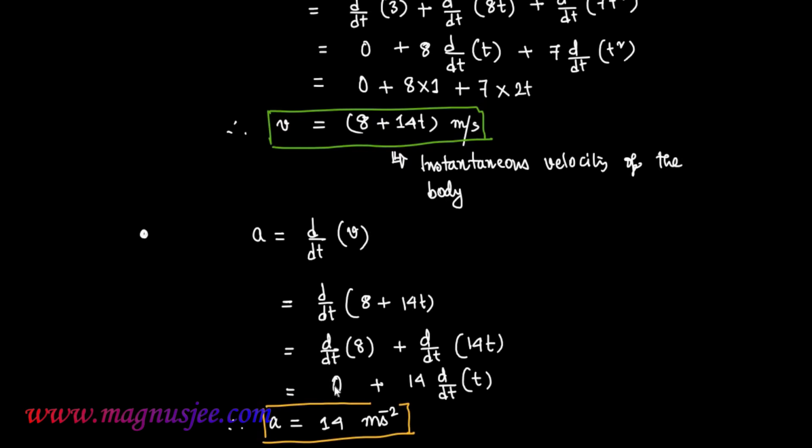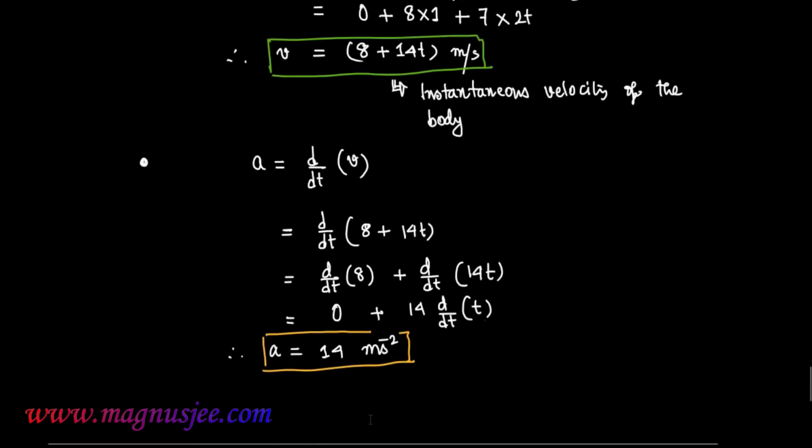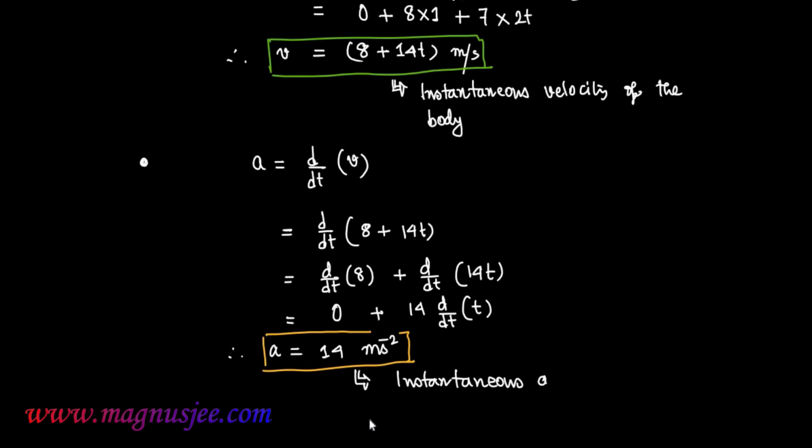So finally we get a as 14 meter per second square. That is the instantaneous acceleration at instant t second. Instantaneous acceleration of the body.